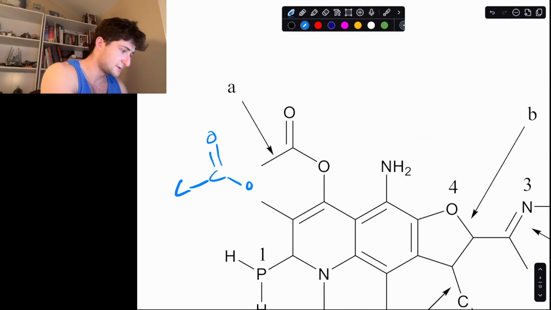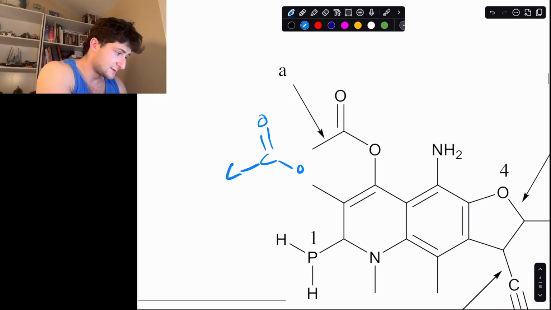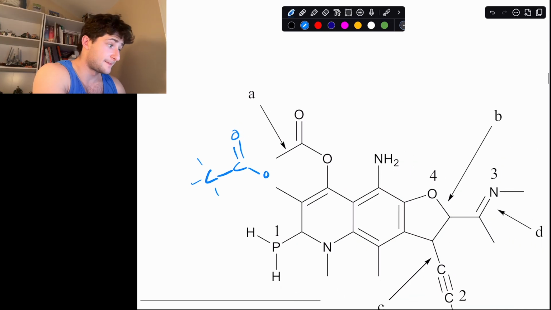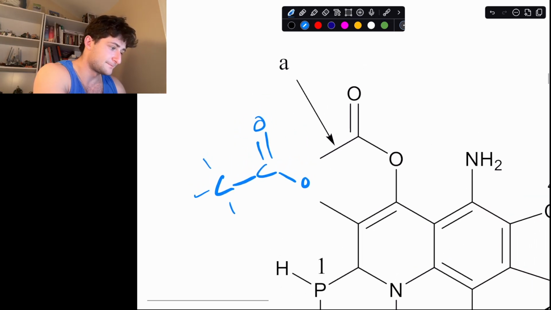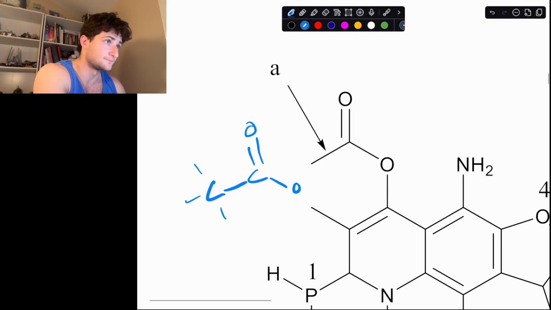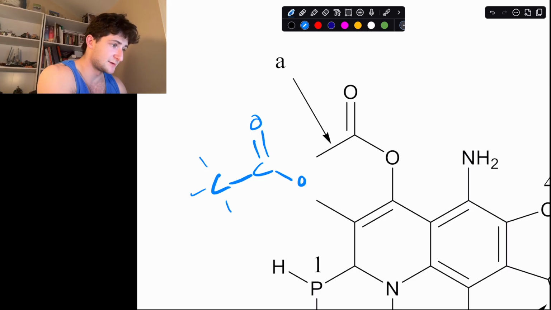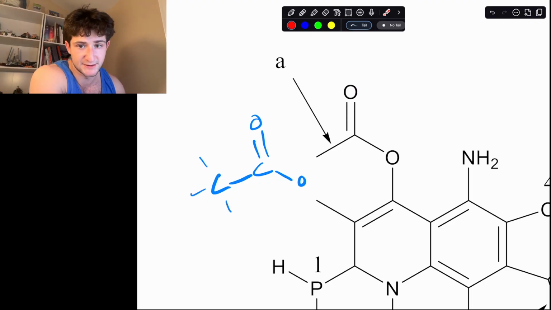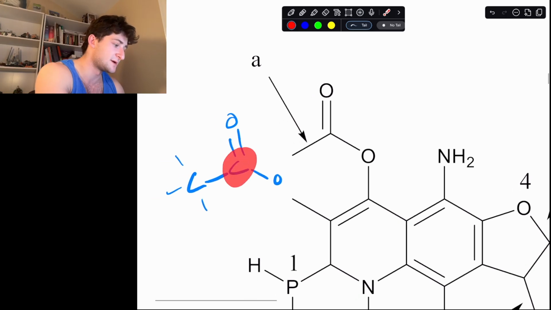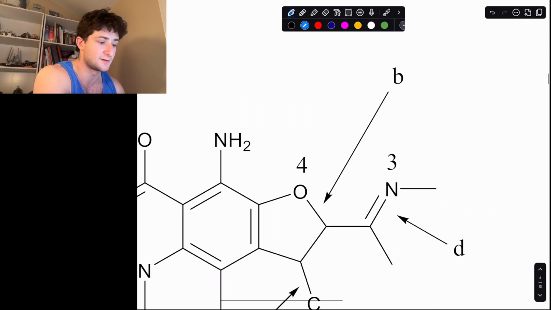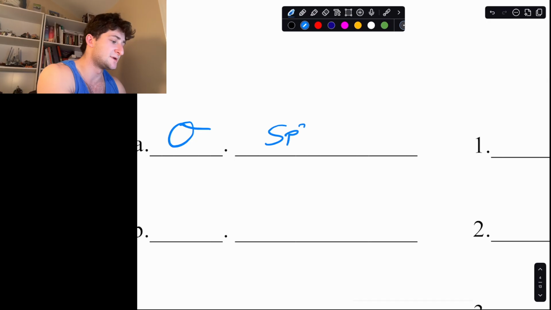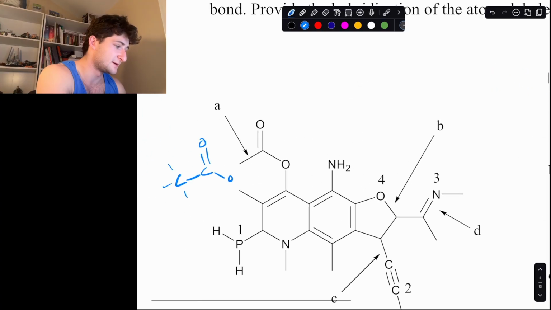So this carbon is sp3, this one on the left, because it has 4 electron density regions, and this carbon is only sp2 because it has 3 electron density regions. So we got sp2, sp3. Nice. All right, B.